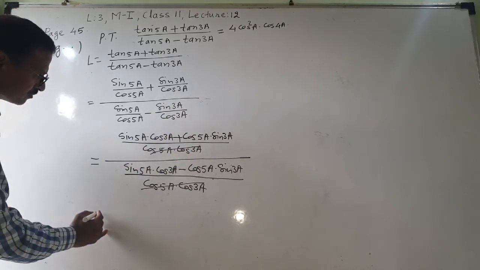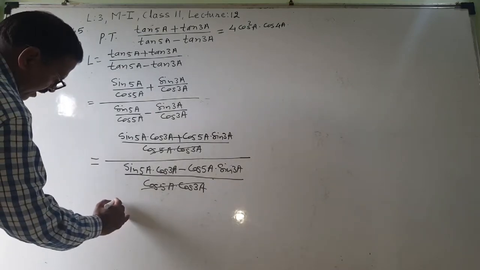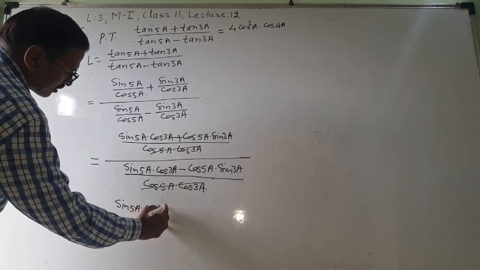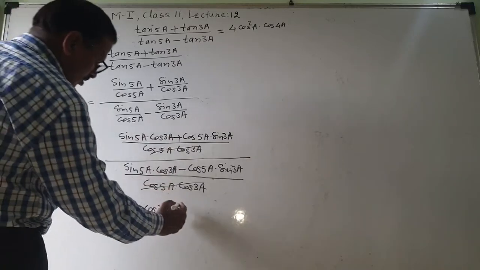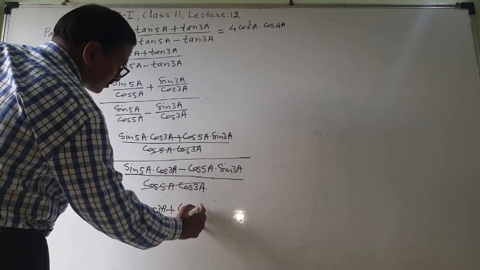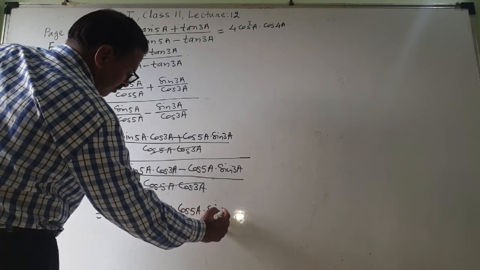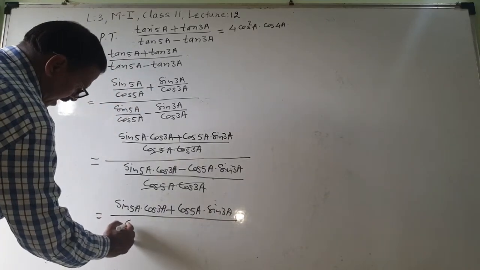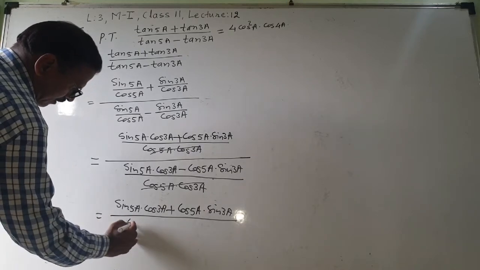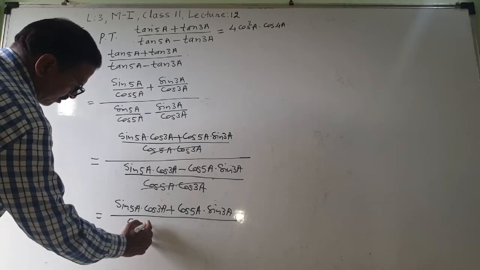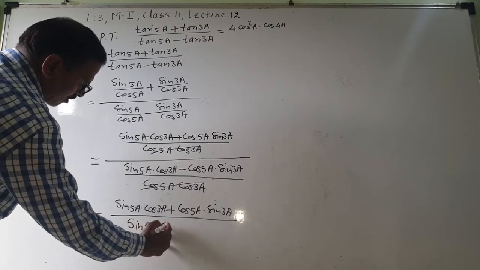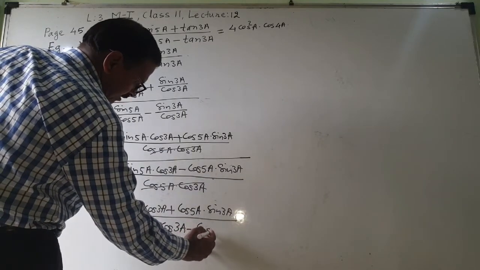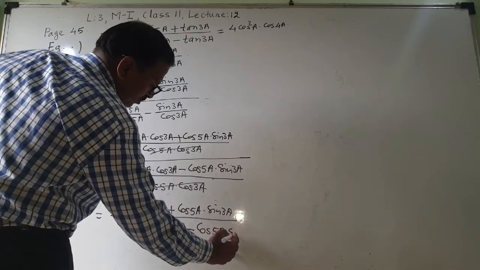So that is equal to sine of 5a into cos of 3a plus cos of 5a into sine of 3a upon sine of 5a into cos of 3a minus cos of 5a into sine of 3a.